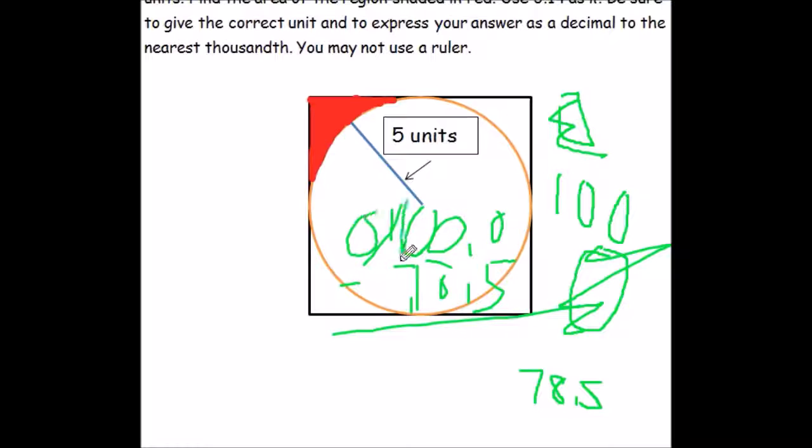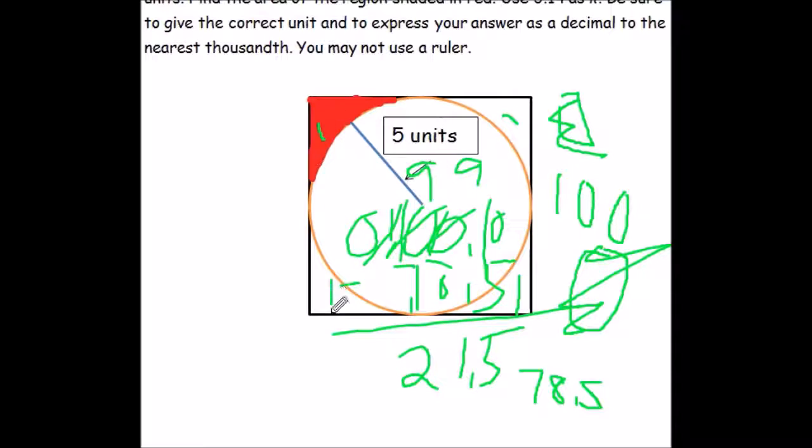Make that 0, 10, 9, 10, 9, 10, 5, 1, 2. That's 21.5 square units.